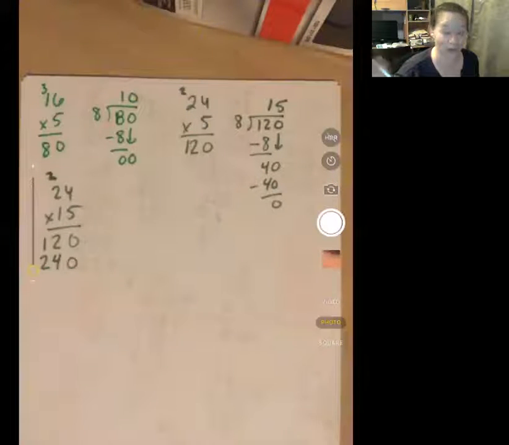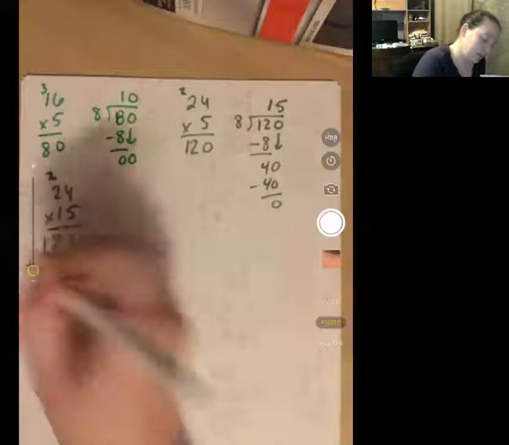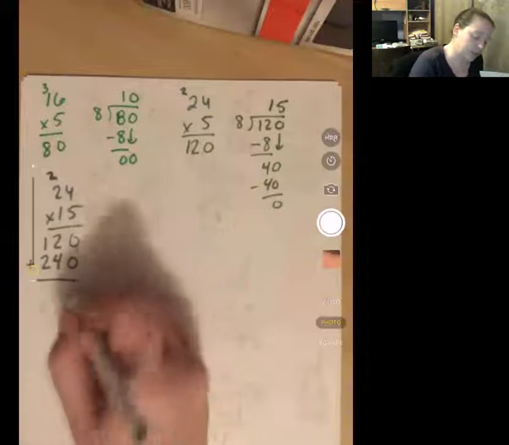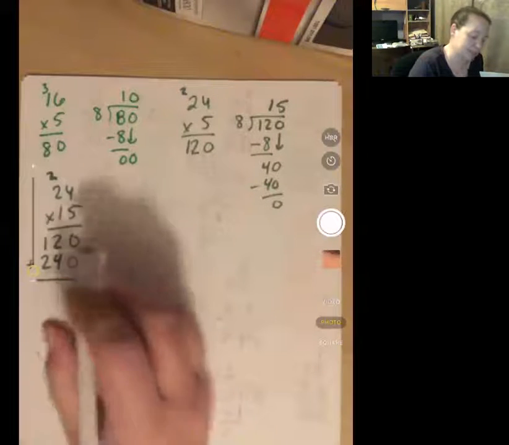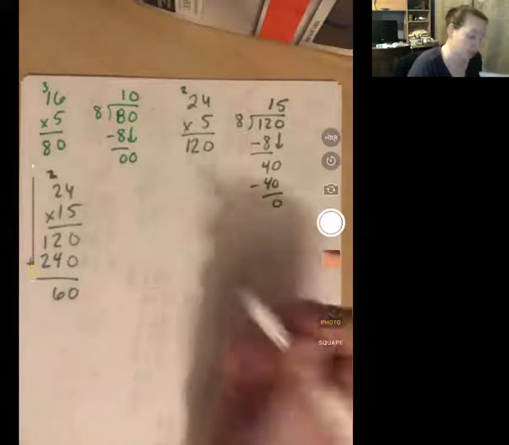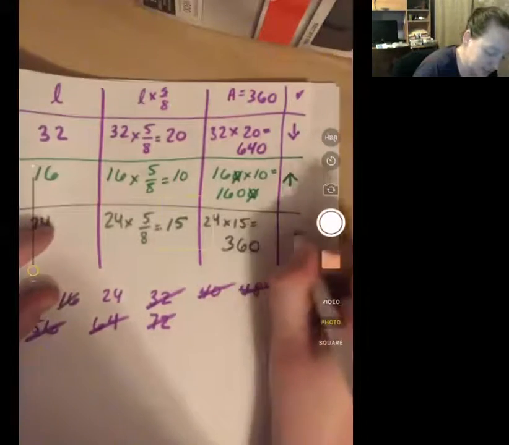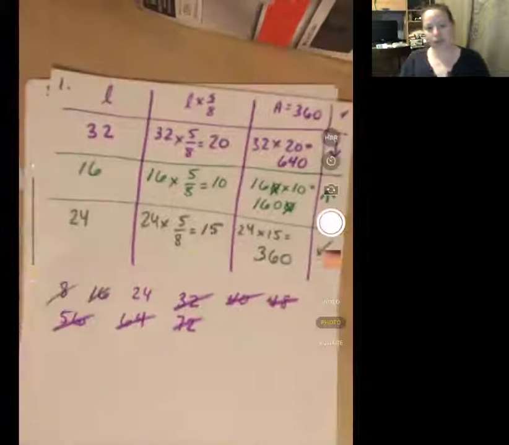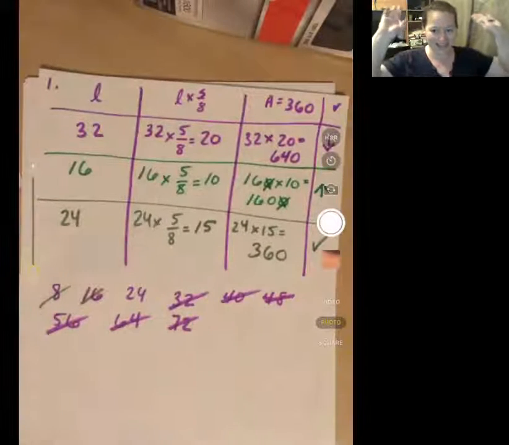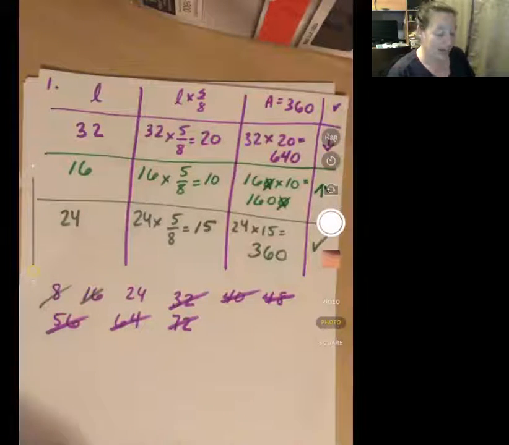I don't know what's going on with my head right now. Okay, so 0 plus 0 is 0. 2 plus 4 is 6. And 1 plus 2 is 3. This is equal to 360, which is the number that we want. Yay! Okay, number 2.